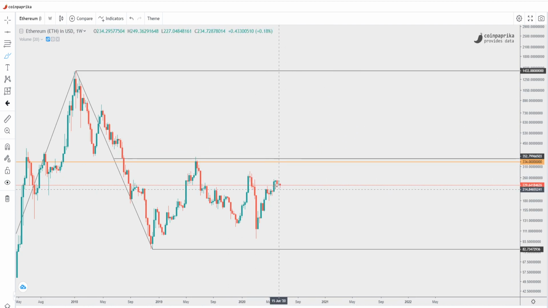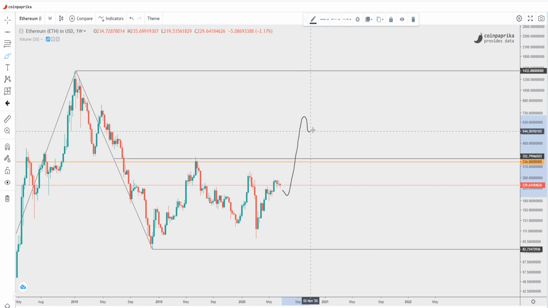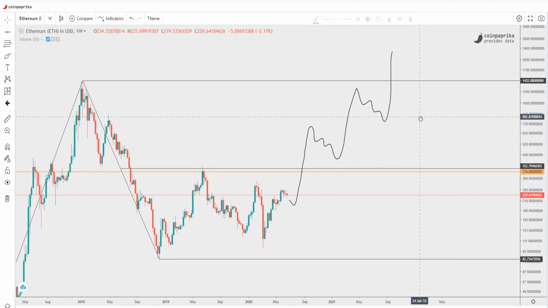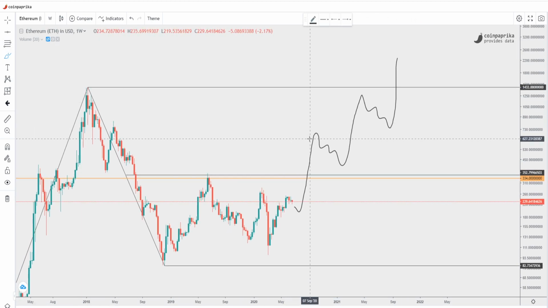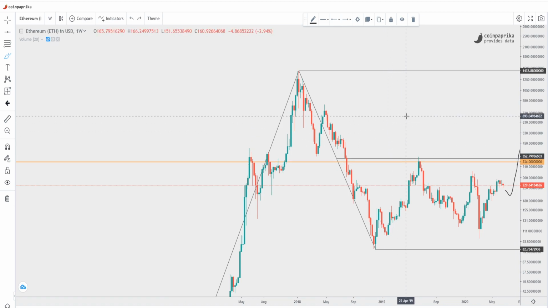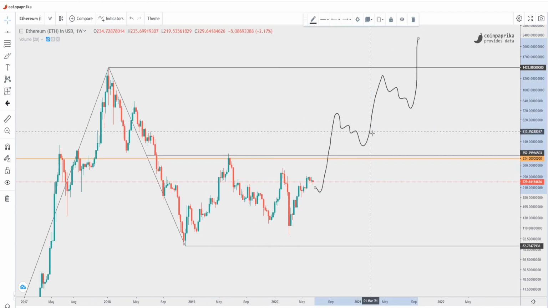But if we end up with something like this, then it's going to be even more bullish. And this is possible to happen because we leave room for the bears to place healthy corrections along the way. So it would be a much better scenario on the bigger picture.